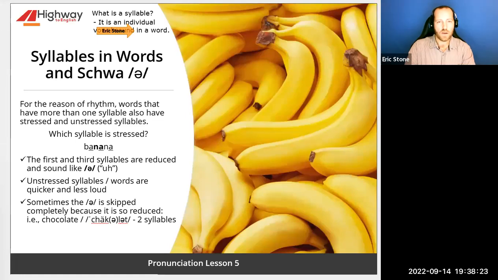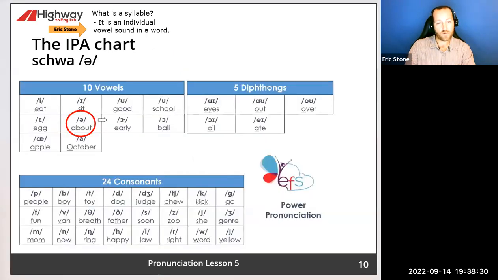Right. Good. And when we say vowel sound, we're talking about these sounds, remember? The sounds in the IPA at the top. Okay, these are our vowel sounds here. So anytime you have one of these sounds in a word, we consider that a syllable.